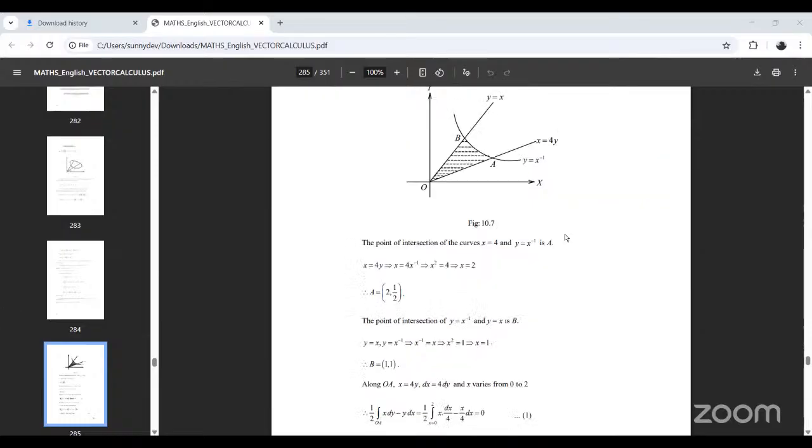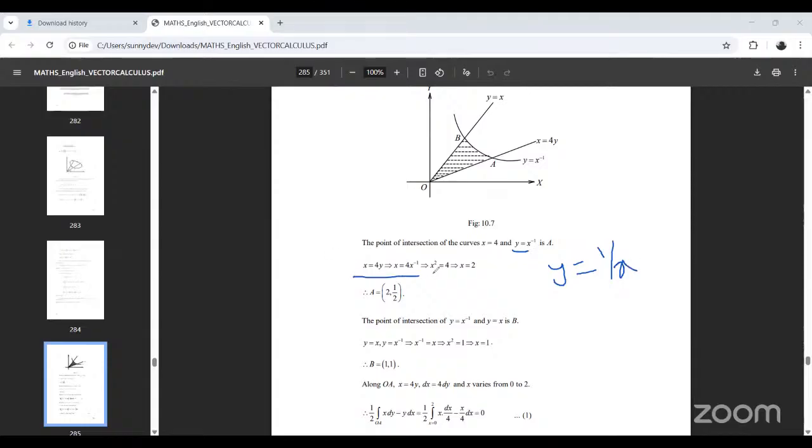Okay. Now first find the points of intersection. So x equals 4 and y equals x to the power of minus 1, that is y equals 1 by x.